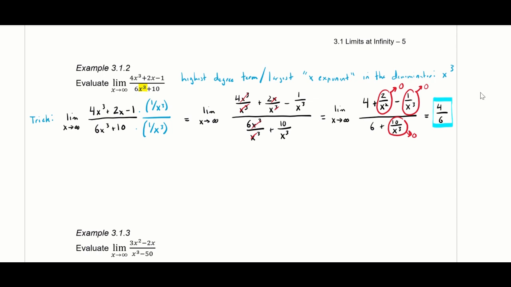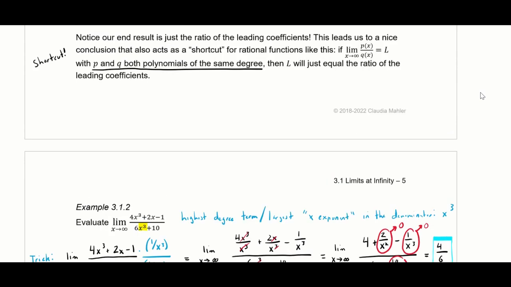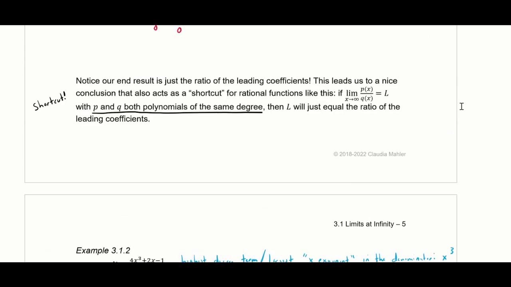Now, just to show this, we can also do this much faster if we notice the shortcut way. So again, just writing down our original calculation, the limit as x goes to infinity of 4x cubed plus 2x minus 1 over 6x cubed plus 10. Now what's our shortcut? Well, our shortcut tells us that we can basically just ignore everything but the ratio of the leading coefficients.